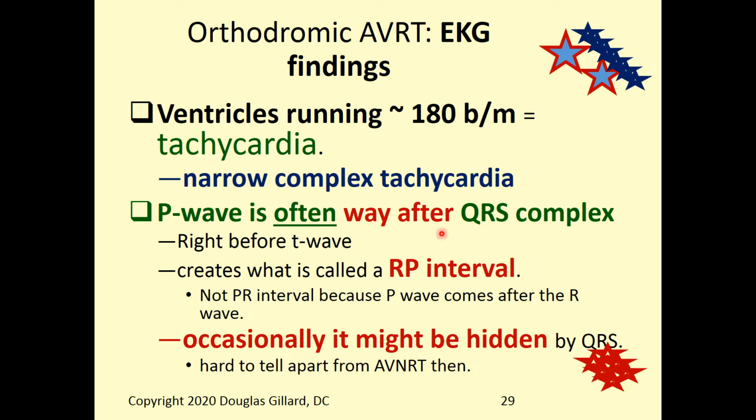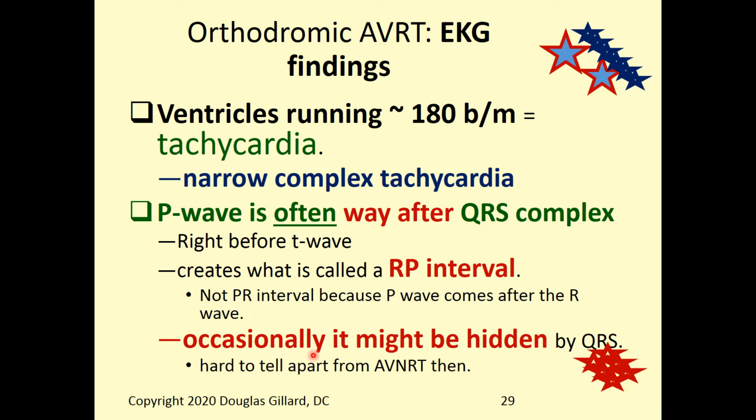In fact, if it's so late, you can actually have what's called the RP interval, or I've heard some authors call it a negative PR interval, because the P wave is usually before the QRS complex, before the R wave, right? But it could be way after, and so you have an RP interval in some cases.